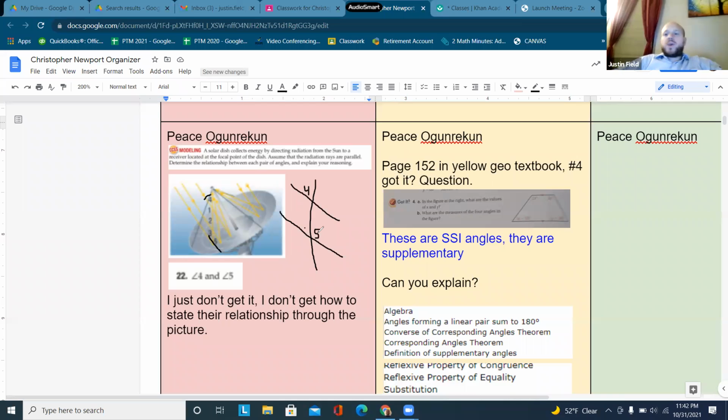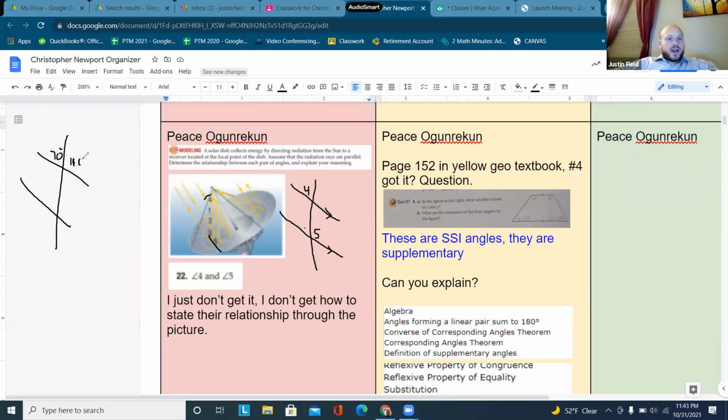But we do know their relationship, whether they're congruent or supplementary, because we know that the lines are parallel and all the 8 angles are either congruent or supplementary. If I were to draw a pair of parallel lines and a transversal and say that this is 70 degrees, then you should be able to tell me the other 7 angles real easy.